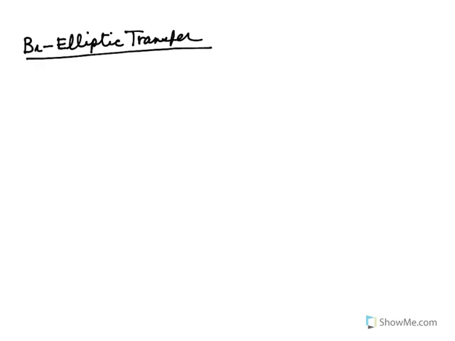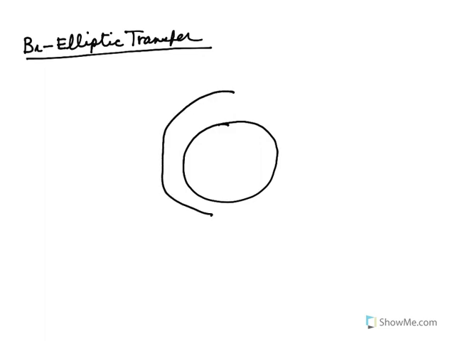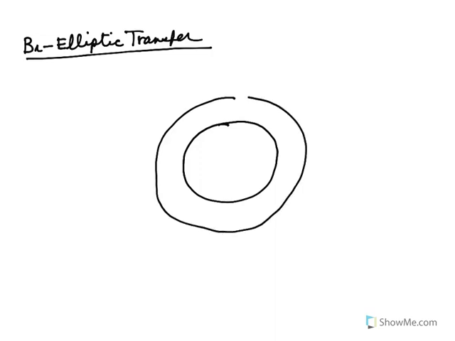Now, similar to the Hohmann transfer, it's a coplanar transfer, and it's going between 2 circular orbits. So here's the first circular orbit, and here's the second circular orbit. Now, let's draw this a little bit better.